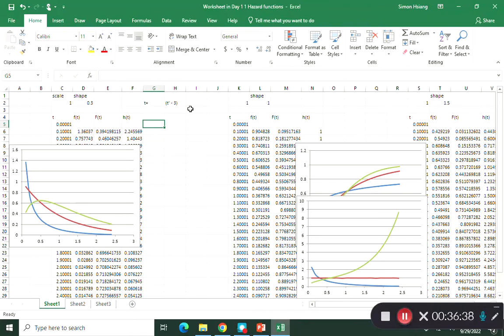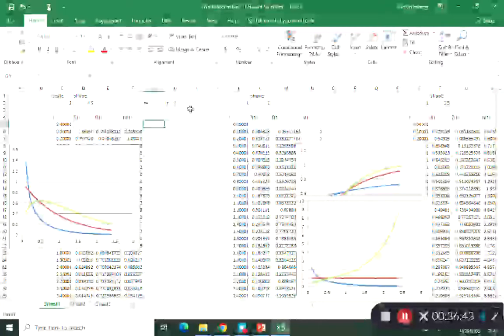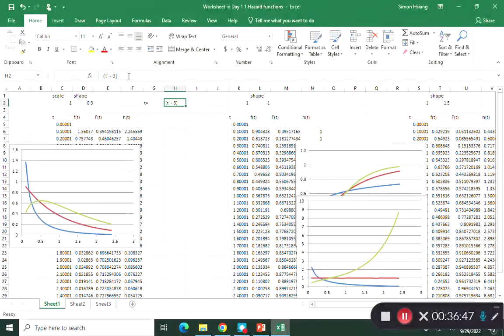So t and t prime, the difference is 3. So t prime should equal t plus 3. Agree? And then I can make this even uglier. t equals t prime minus 3, divided by 2.